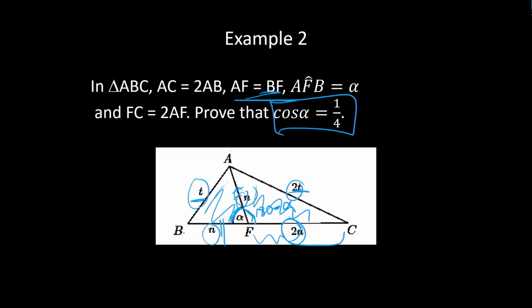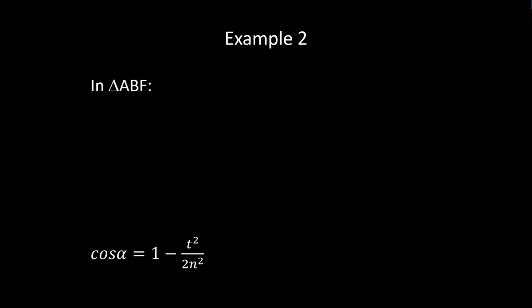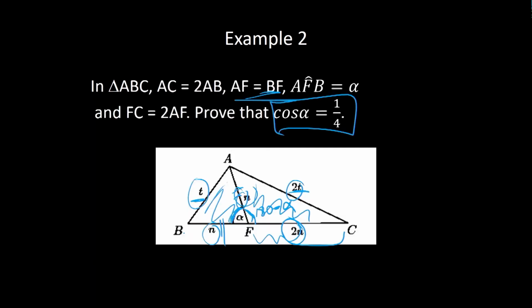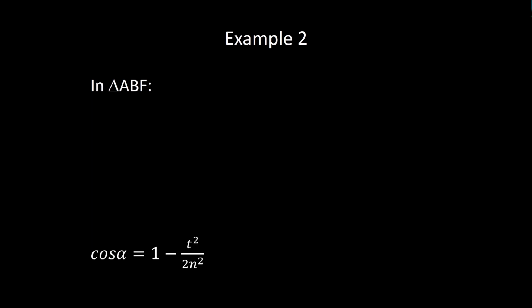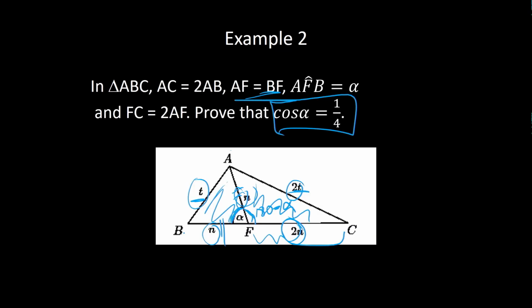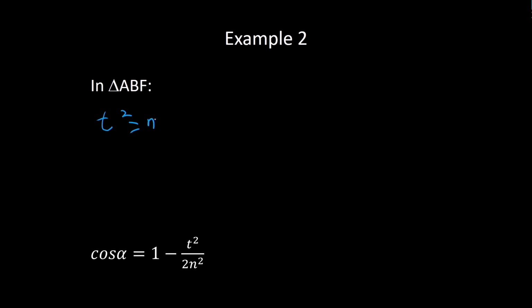Okay, so let's start. We're going to work in triangle ABF firstly. And we said, well, in triangle ABF, we've got all three sides and we've got the included angle AFB. So I can set up this. I can say side t squared using the cos rule will be equal to n squared plus n squared minus 2 times n times n times cos of the included angle.